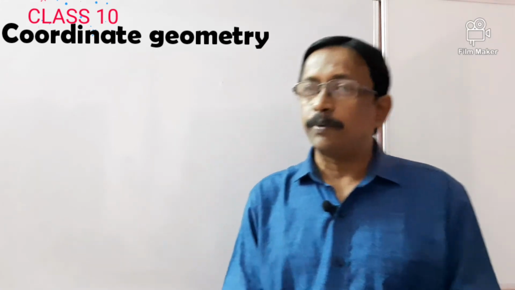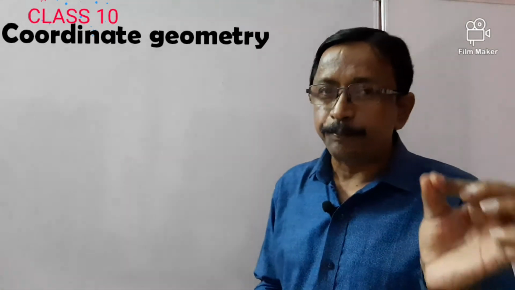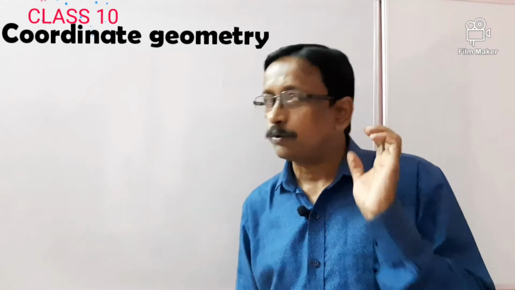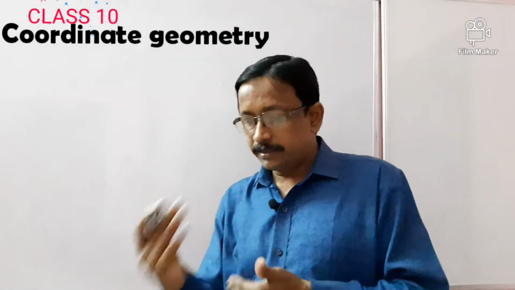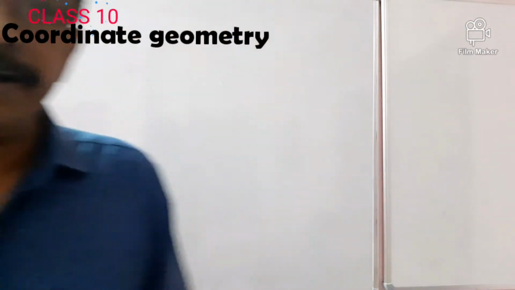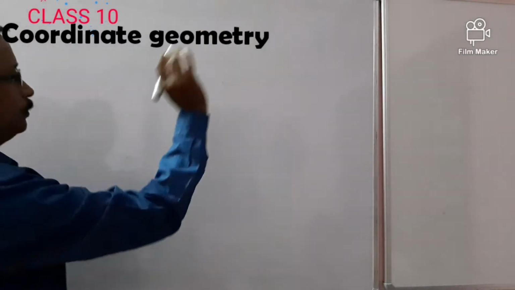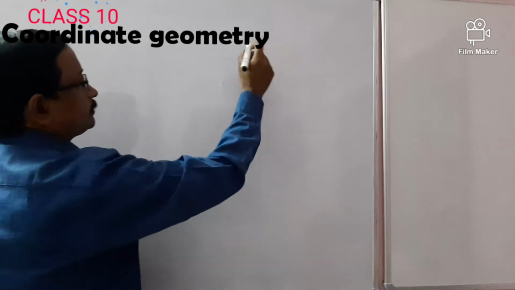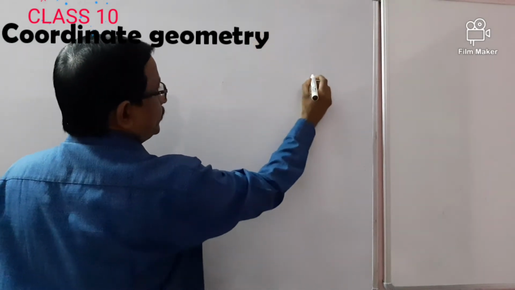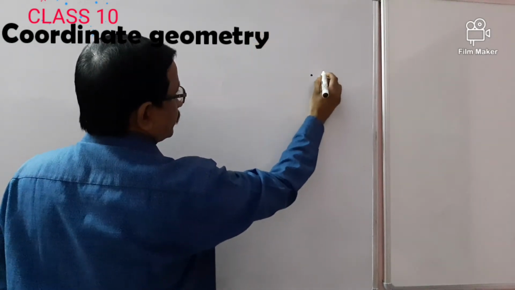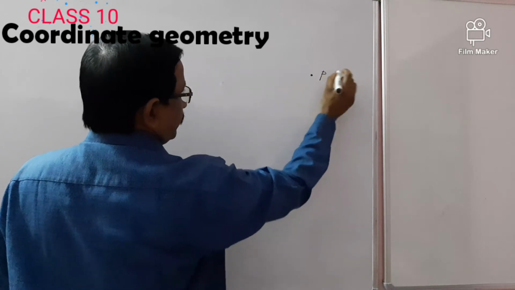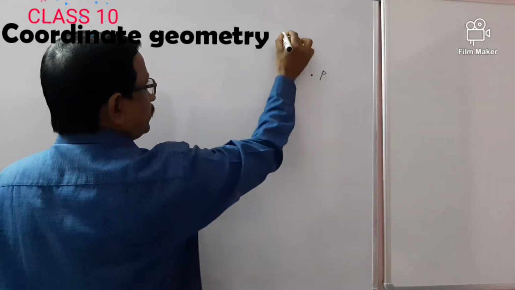In class 9 you have learned how to locate a point on a plane. You have already learned that, but still, as a reminder, I am telling you how. Say one point is P. How to locate this point?